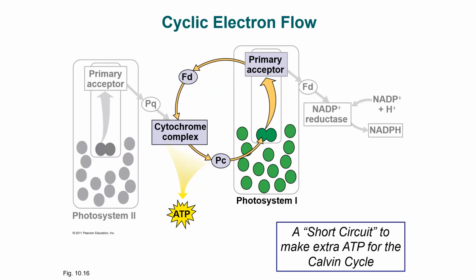It turns out for the Calvin cycle, we actually need quite a bit of ATP. And so what actually happens in cells, rather than the electrons going from the beginning all the way to the end, is sometimes they're cycled back to that first electron transport chain to make extra ATP. Because it turns out extra ATP is good and it's needed for the Calvin cycle. I won't ask you about this on the midterm. I just wanted to clarify that if you're reading about it in the textbook.